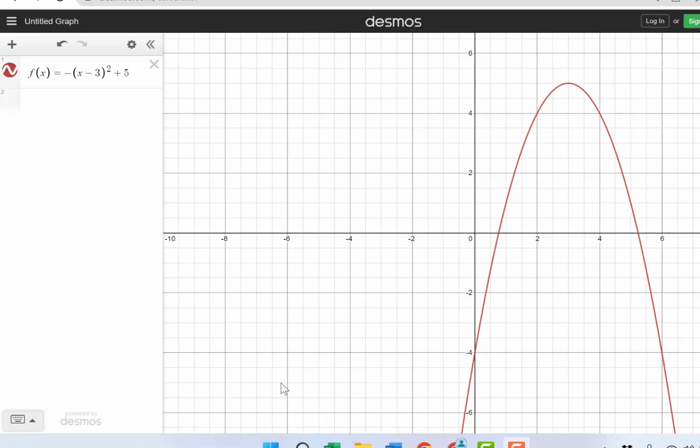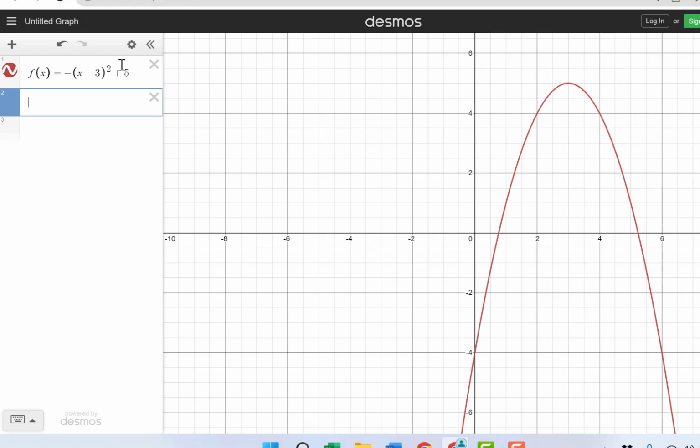In Desmos, I have defined the function and called it f of x, and we see that it's an open-down parabola. To use average rates of change to estimate the instantaneous rate of change, we're going to create an input-output table that approaches x equals 4 from the left. Then we'll create a separate input-output table that approaches x equals 4 from the right.